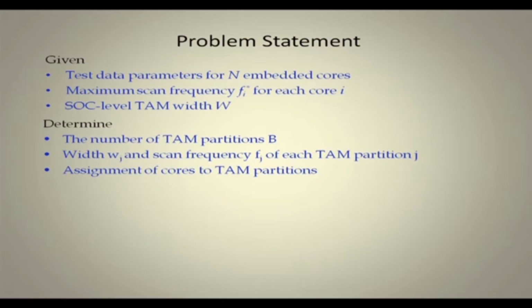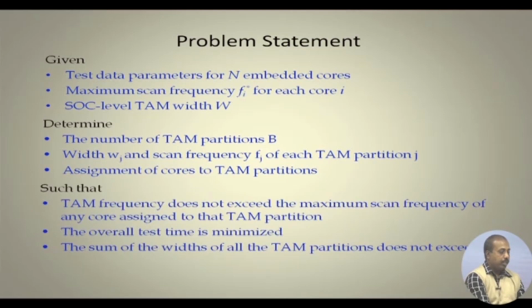Then this particular formulation is trying to capture that situation. Otherwise we cannot have a choice of frequency for each TAM partition, but assuming that we have that choice, this Fj, the scan frequency for the partition, has to be assigned, and then the assignment of cores to the TAM partitions.